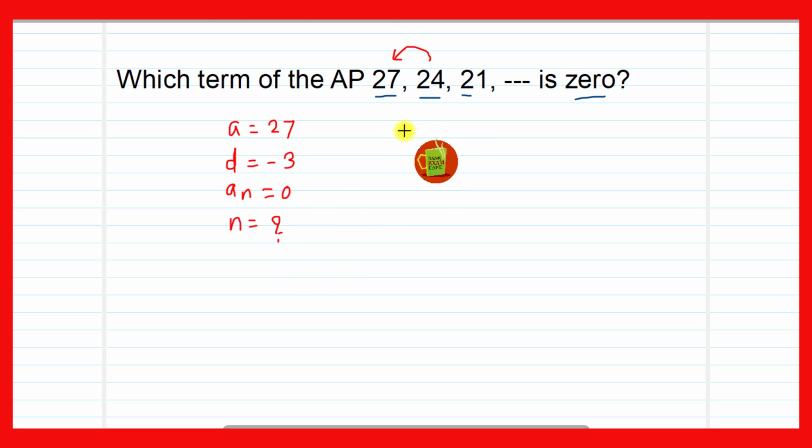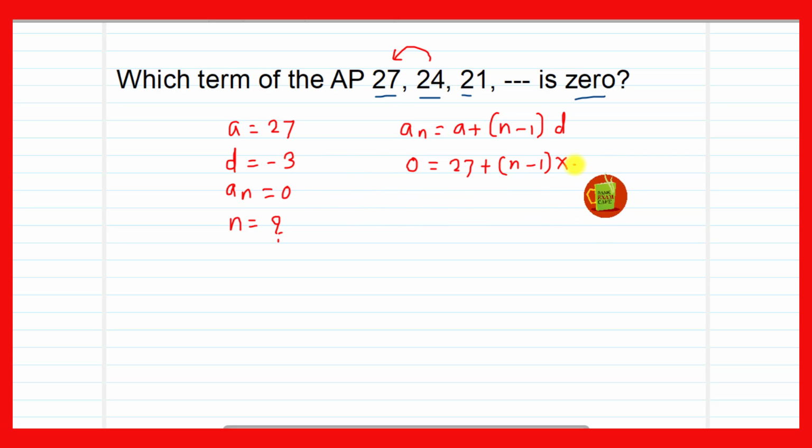So here we know that an is equal to a plus into bracket n minus 1 close the bracket into d. Here an is 0. So 0 is equal to a, which is 27, plus n minus 1 close the bracket, into d, which is minus 3. So multiplied by minus 3.